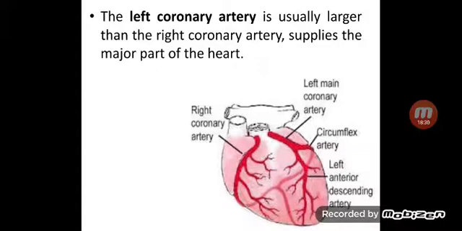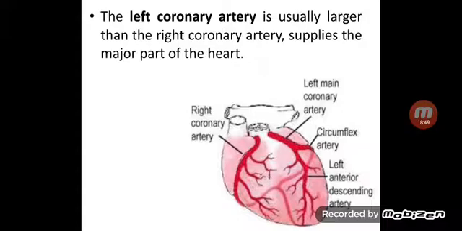It arises directly from the trunk. In addition, there is a small left conus artery to supply the pulmonary conus. Like on the right side where there is a conal branch, here too we have a conus supplying the pulmonary conus.